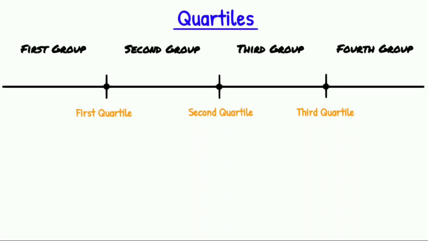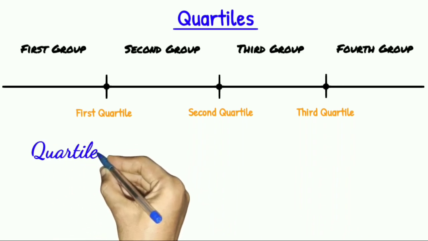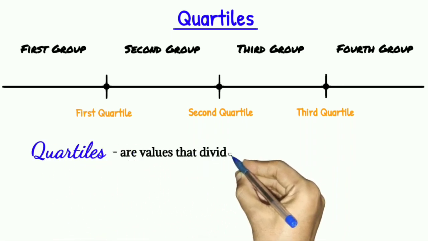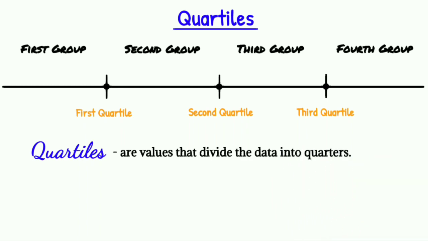So that means quartiles are values that divide the data into quarters. Or ito yung mga values na magdi-divide or mag-i-split ng ating dataset into 4 groups. That is the meaning of quartiles.